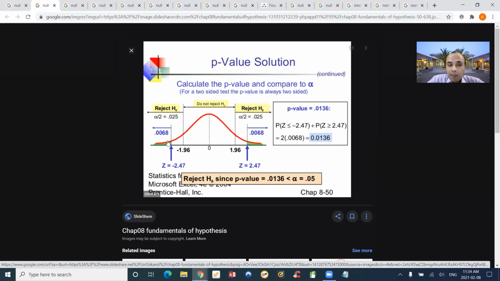But if it happens that you are less than 2.5% on either side, then it means that the alternative hypothesis not only covers an inclusive 95%, it seems to be even more inclusive than 95%.